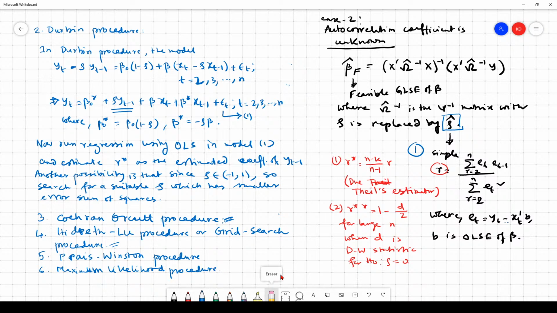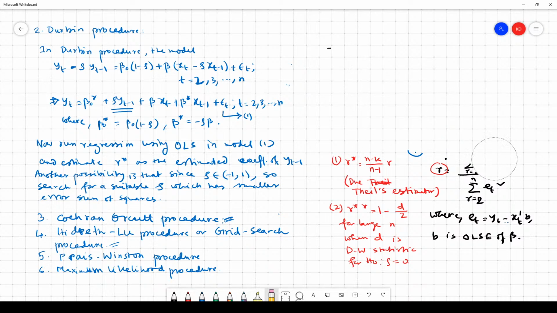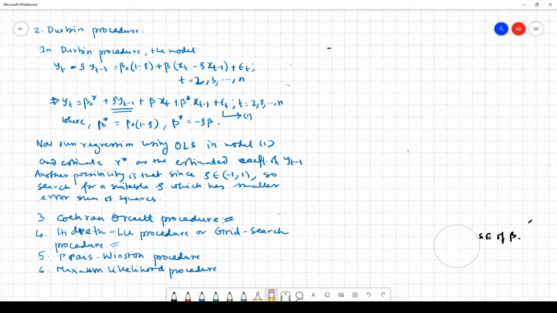So in the likelihood method, first you write the likelihood function and denote it by capital L. Suppose y follows normal X beta, sigma epsilon square Sigma.